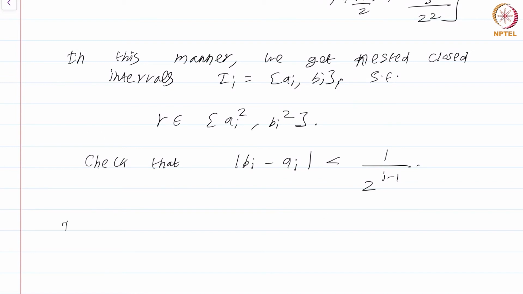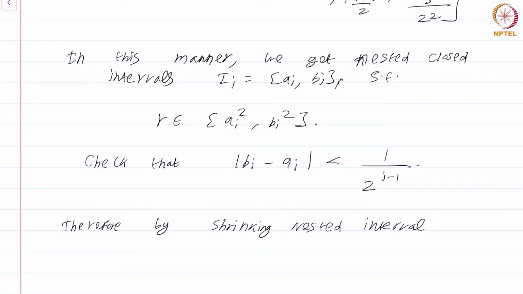Therefore, by the shrinking nested intervals theorem, I think I called it the nested shrinking intervals theorem. I don't really bother too much about precise terminology when it comes to names of theorems.